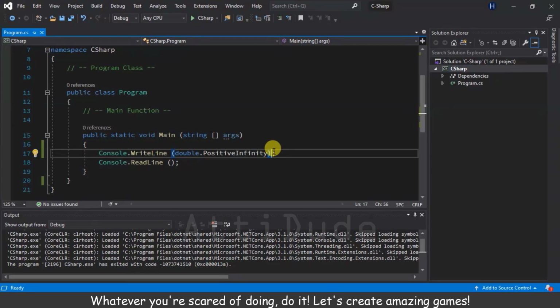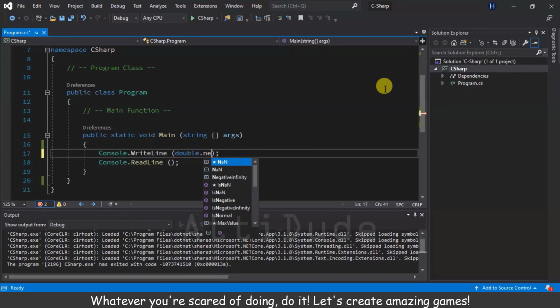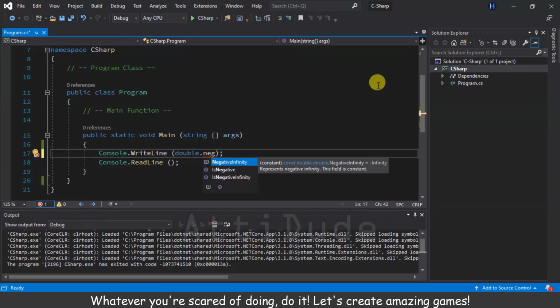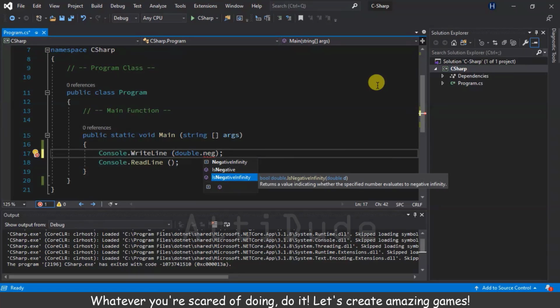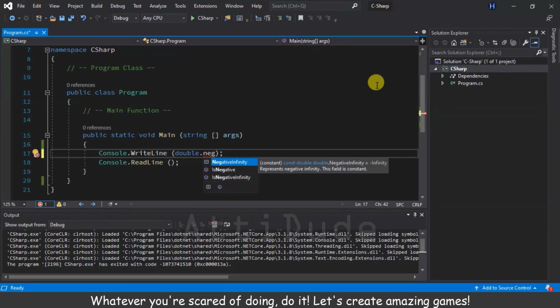So you might have expected it to give us a number which is infinity, but it doesn't actually give that. Even I expected that on the first go, but it doesn't do that. You can even have negative infinity, which is equal to minus infinity. You can even check if a number is negative.